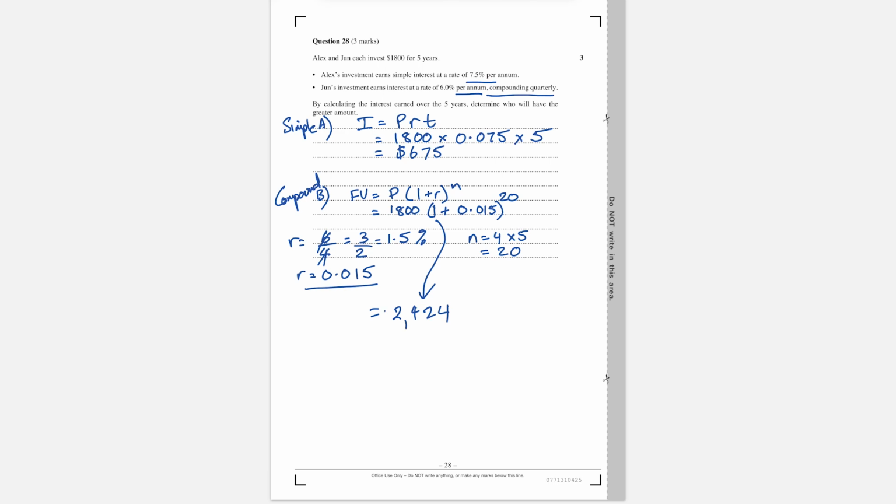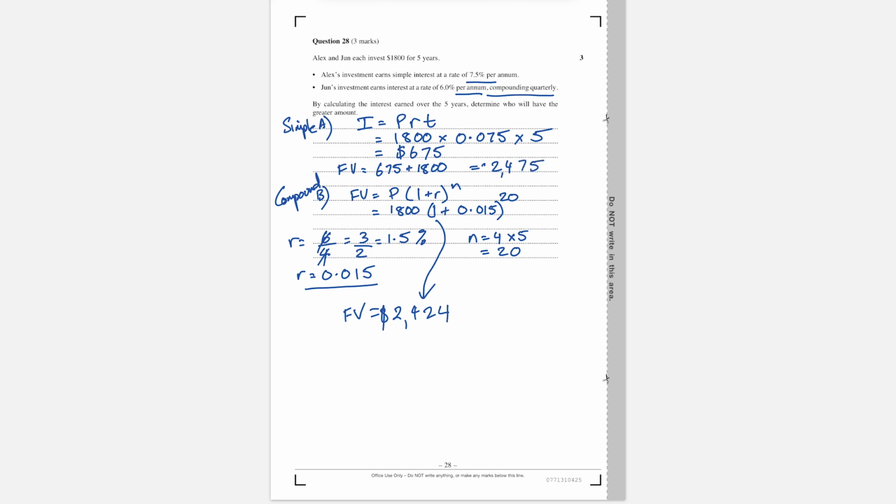That gives us 2,424. Now comparing these two numbers, this is a final value with compound interest. If we want the final value with simple interest, we have to add 675 plus 1,800, which gives us 2,475.